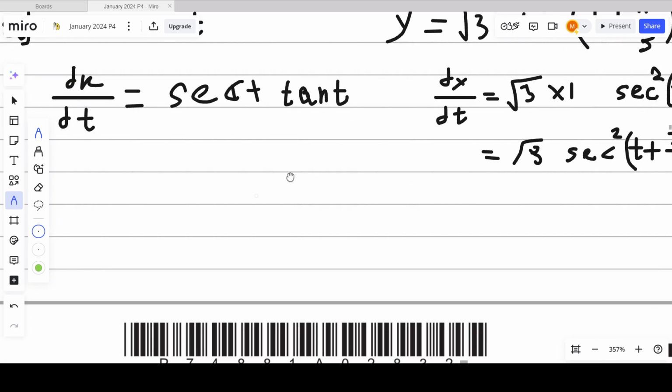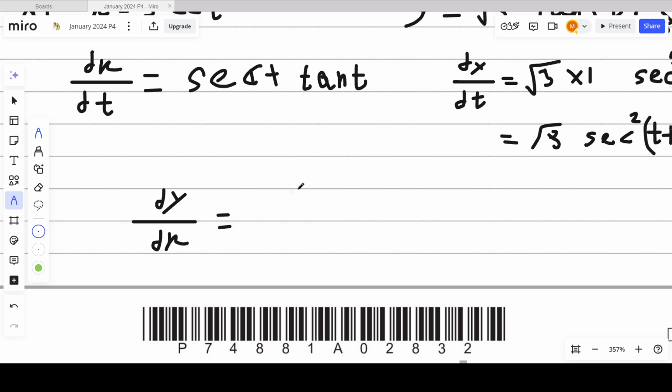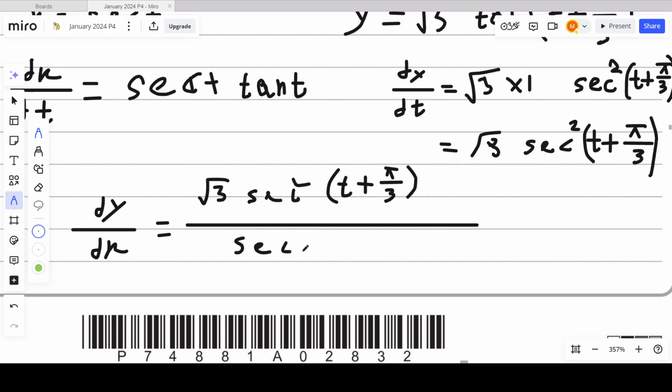Now for parametric differentiation we need dy over dx, right? dy over dx can be written as dy over dt over dx over dt. So it would be square root of 3 sec squared (t plus pi over 3) over sec t tan t.